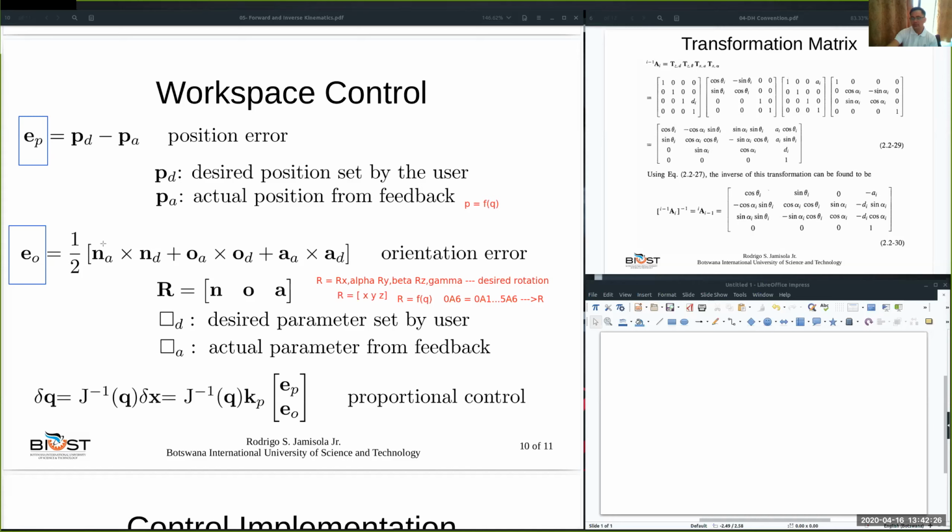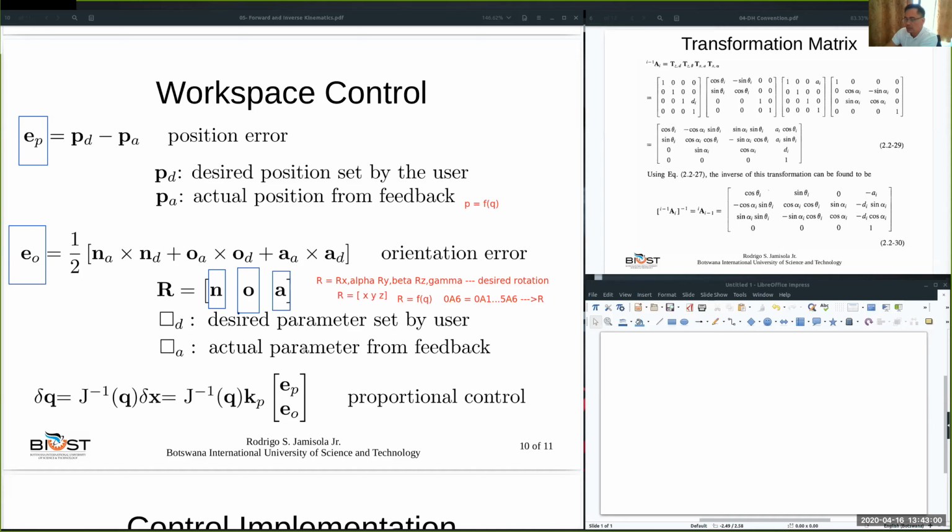The orientation error is also a 3x1 vector, because it is a 3x1 crossed with a 3x1, plus a 3x1 crossed with a 3x1, plus another, so the result is a vector. So now when you compute the error in terms of position and orientation, you have two 3x1 vectors, and so you have a 6x1 vector that expresses the position and orientation errors.